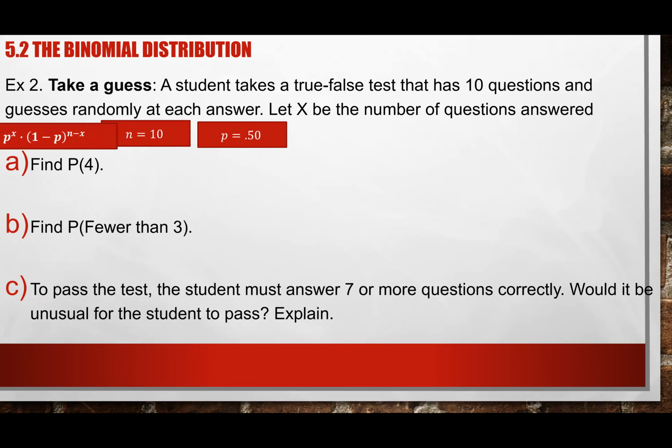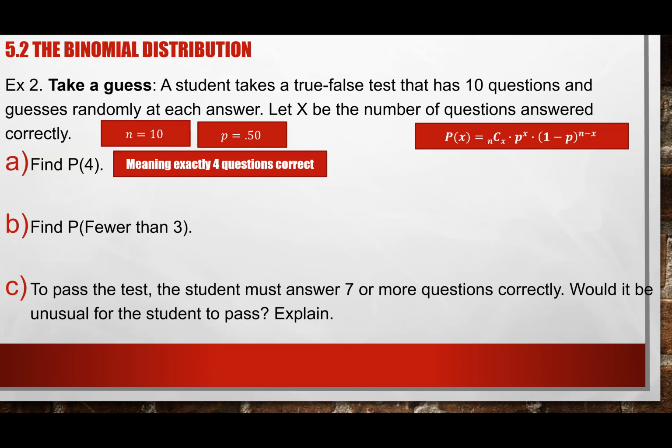The next thing we need to ask ourselves is, what is my X? How many successful tries are they asking for? In this case, the question I mentioned earlier asks you to find the probability of making exactly 4 correct questions.